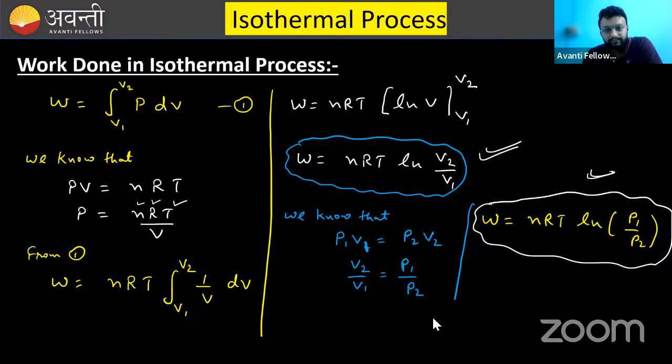I think it is clear now. Can we move further? Work done in the isothermal process is done. So the isothermal process is done, the isobaric process is done, the isochoric process is done. Work done in the isothermal process, conditions of the isothermal process, and indicator diagrams. Everything is sorted till now.